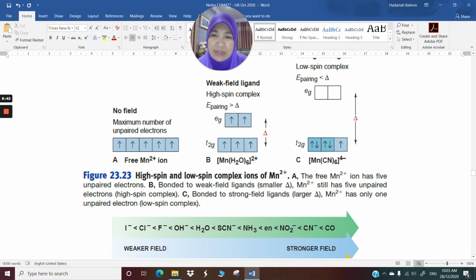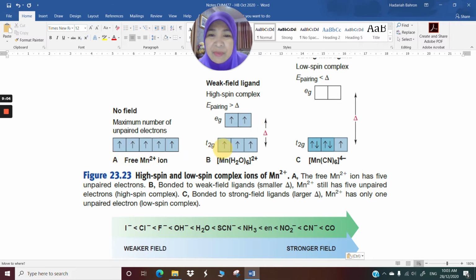Now, in a situation where you have a weak field ligand and the delta is small, all these 5 electrons can be arranged in this way, where all the orbitals, T2G and EG, will all be singly occupied because it doesn't take much energy to jump from the T2G to the EG.